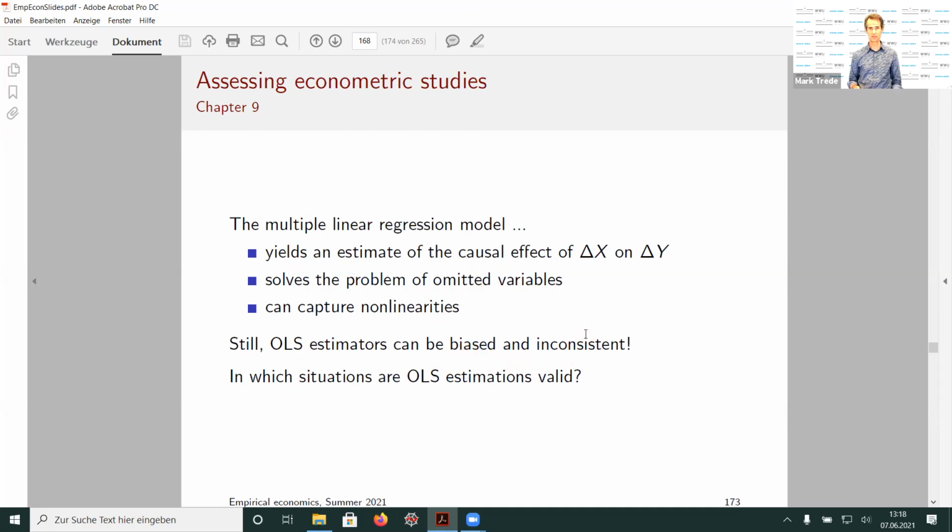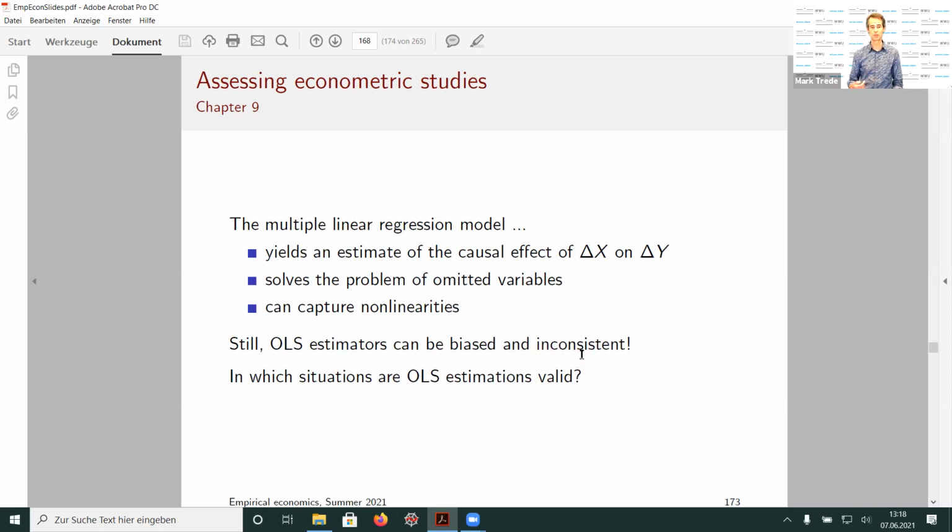Inconsistent means that even if we have a very, very large sample, the estimators, which normally get better and better the more information we have, do not get better because the estimation is inconsistent. So getting more information would not help in that situation in finding a better estimator.